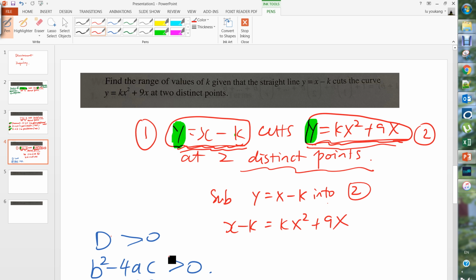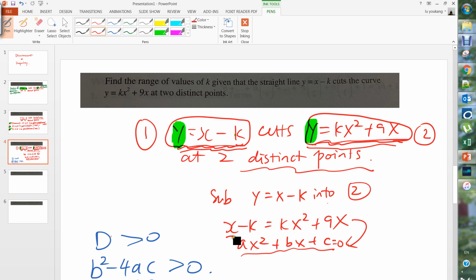So your objective is to form a quadratic equation in this manner: ax squared plus bx plus c. Okay, this is a quadratic equation. So your job is to form a quadratic equation in this manner. Okay, how do you do it?